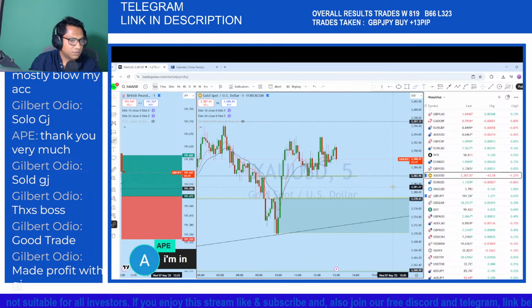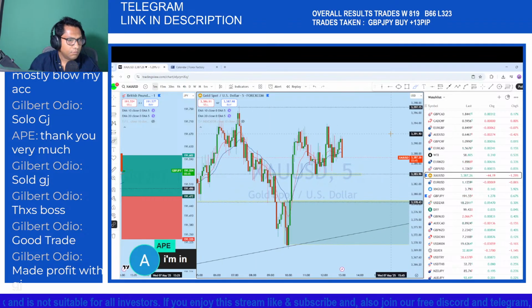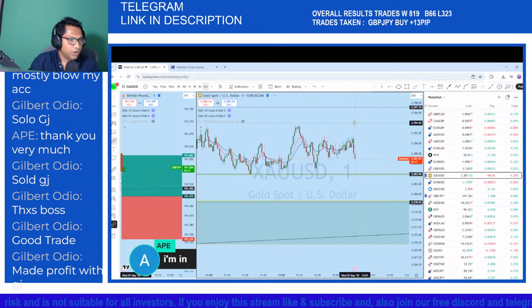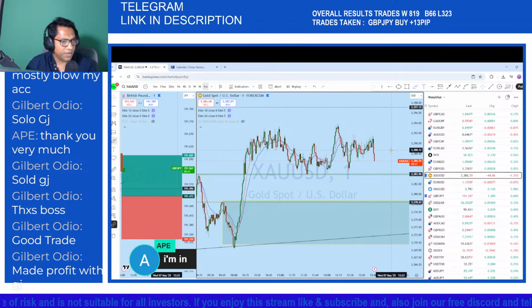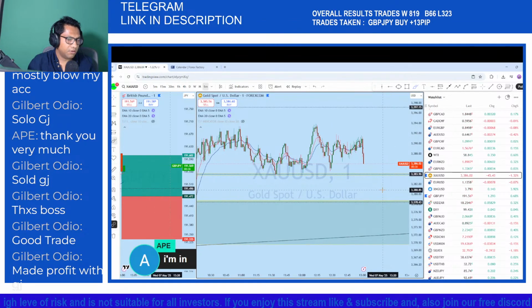And because it's moving in a range, if you look at the lower time frame from the 1 minute, this is a complete break of the structure.